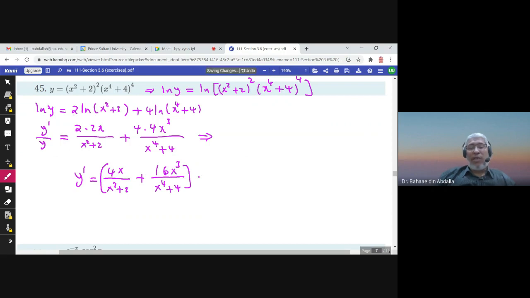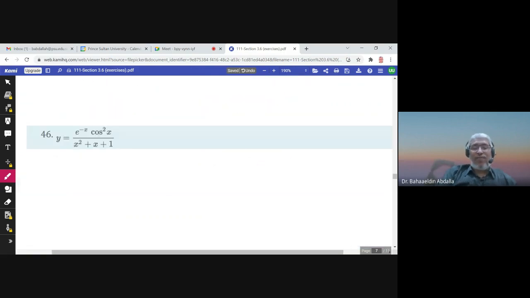But y is x squared plus 2 to the power 2 times x to the power 4 plus 4 to the power 4. This is the derivative of this function.